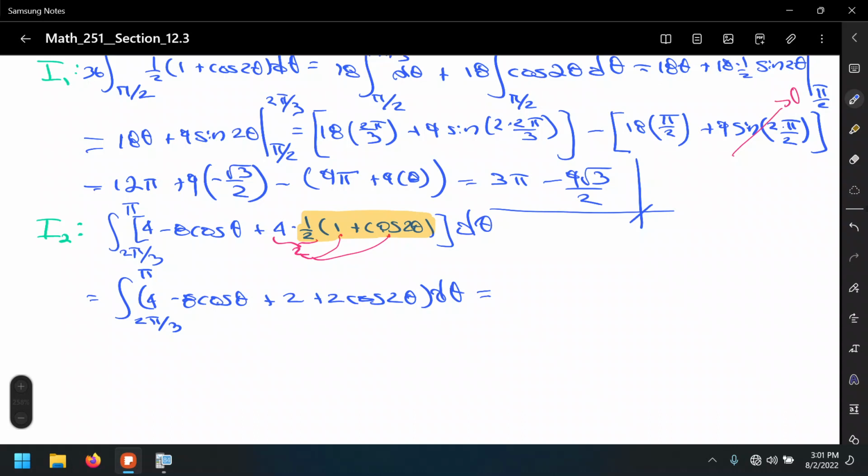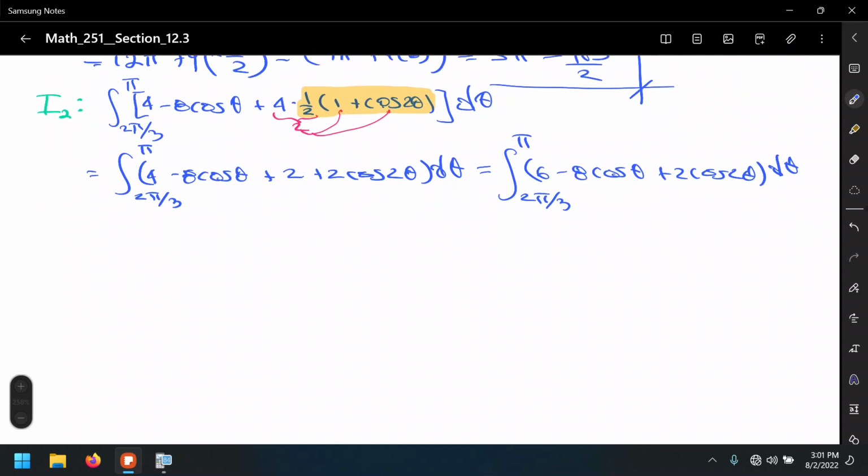Let's combine like terms in the same way that we did before. That's going to lead us to the following: the integral of 6 minus 8 cosine theta plus 2 cosine 2 theta d theta from 2 pi over 3 to pi. And again, 3 integrals right here. We may go about splitting them into 3 smaller integrals.